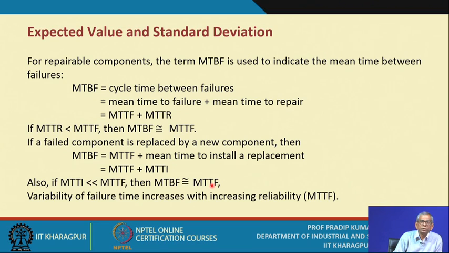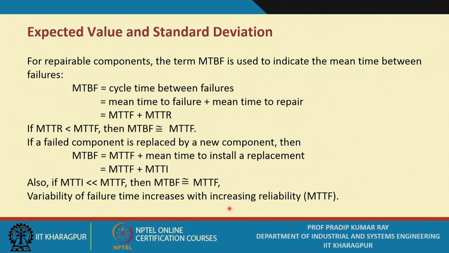But under what conditions you cannot say that MTBF equals MTTF, all these conditions you must know, and accordingly you decide whether you need to calculate only MTTF and that is enough, or along with the MTTF I also have to calculate MTBF.